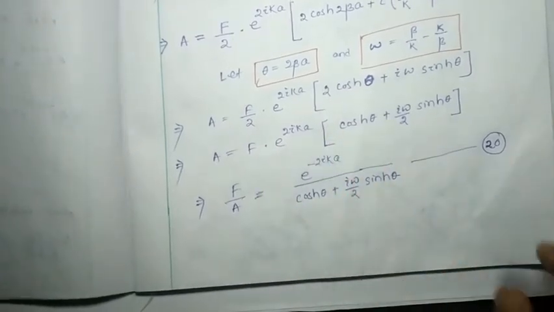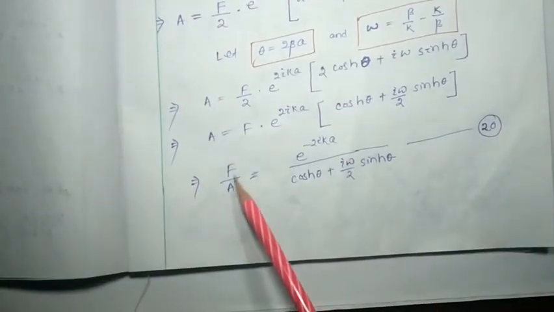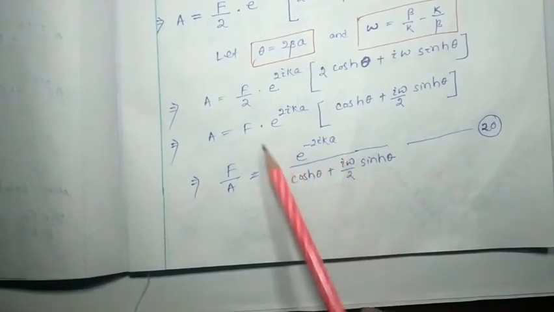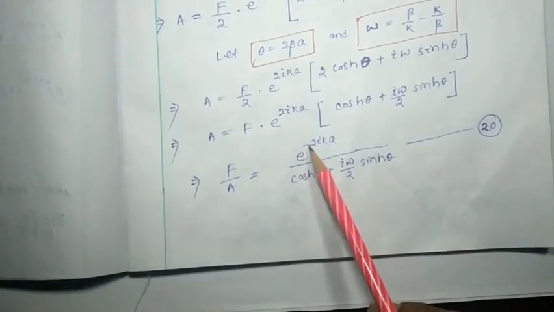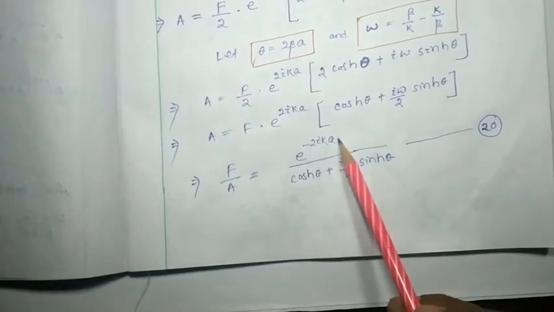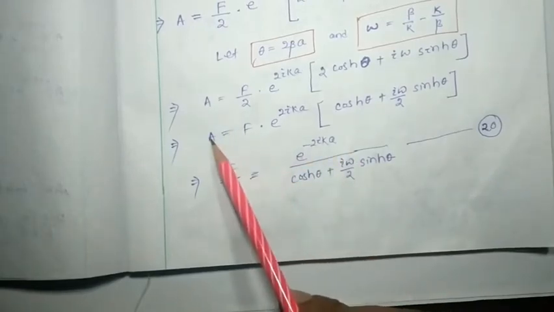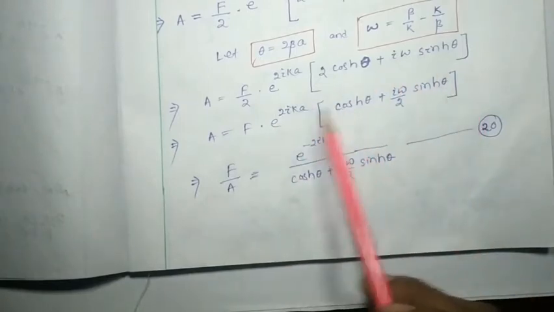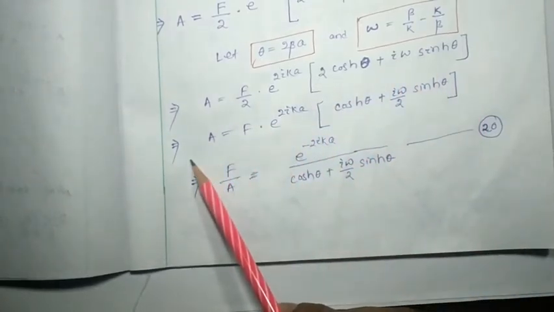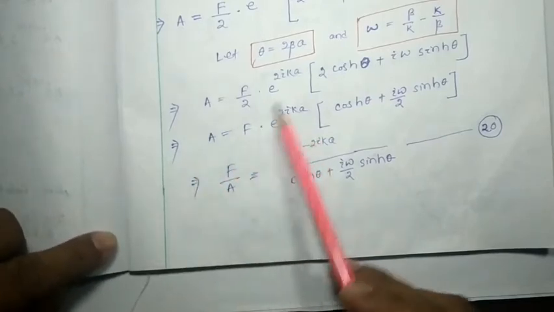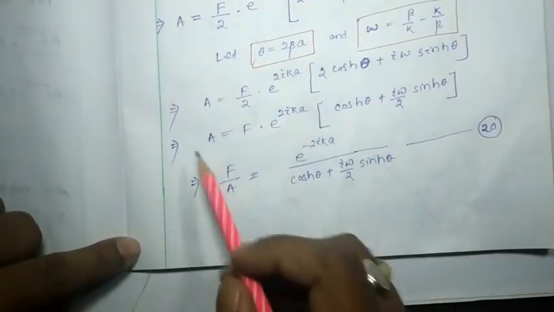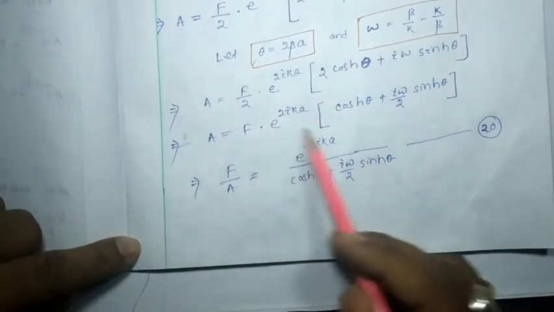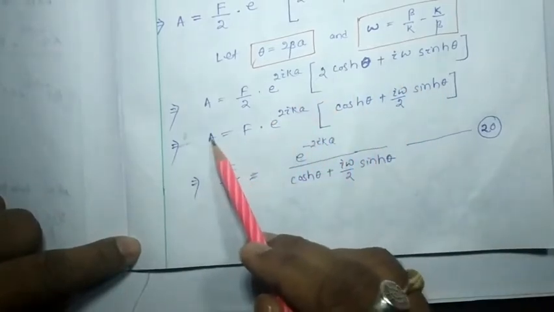So here we can get f by a is equal to how much? Is equal to e to the power minus 2ik. See, f by a, here a moved to this side and this whole term is moving to the left hand side. Okay, that means this whole term is going to be 1 by this much term, and here a is moving this side.